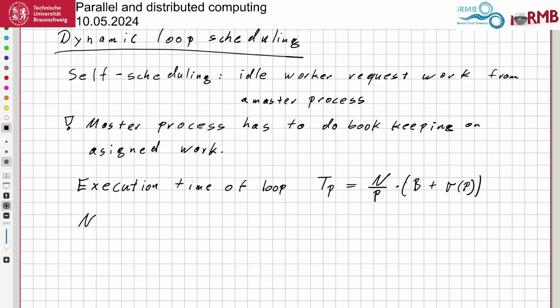N is the number of work items to be distributed.